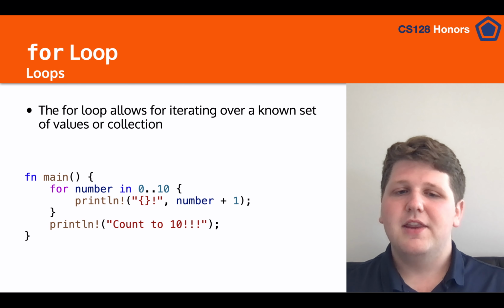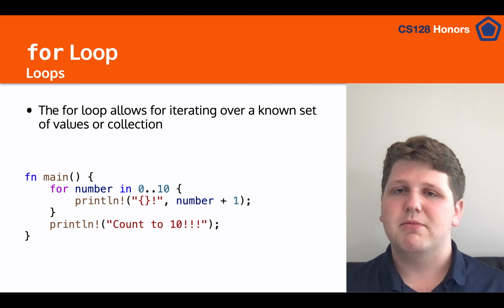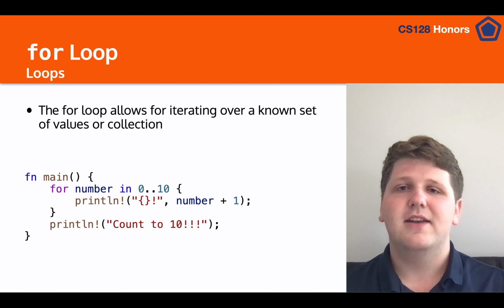The for loop, on the other hand, will allow us to iterate over a known set of values or a collection. For example, in this case, we have for number in 0 through 10, and then we have this print statement, and then it prints count to 10. This is very similar, and the biggest difference for those of you who haven't come from Python backgrounds is this new in 0..10 syntax.